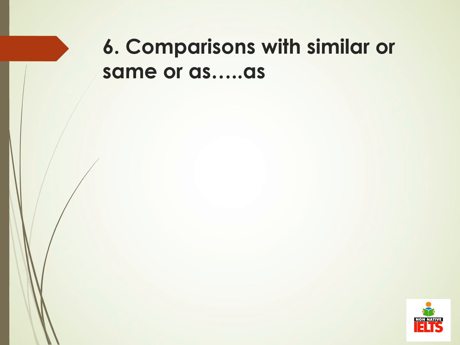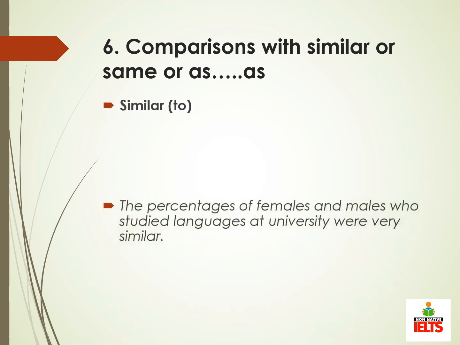Comparisons with similar or same or as. Remember, whenever you are using linkers within the sentences, they actually fetch you better band score if you are using it correctly. Let's see example. Similar to.